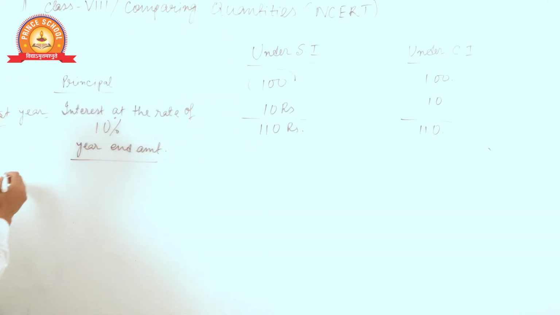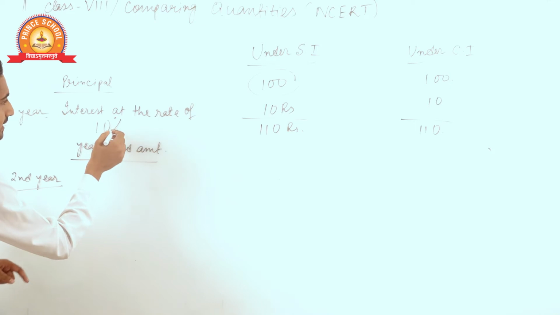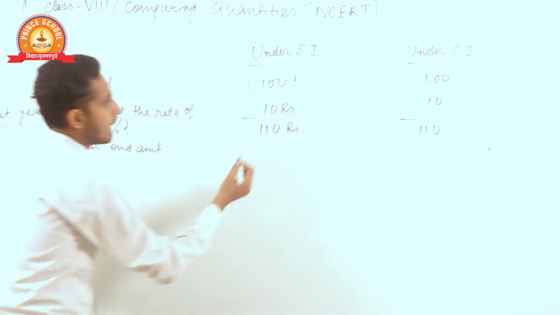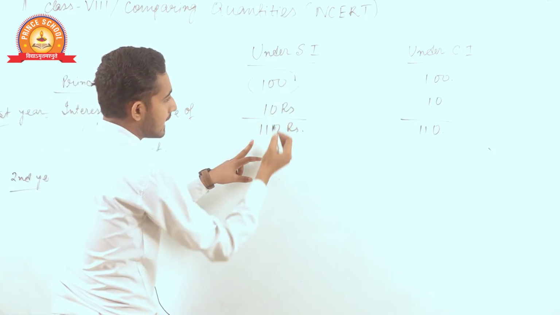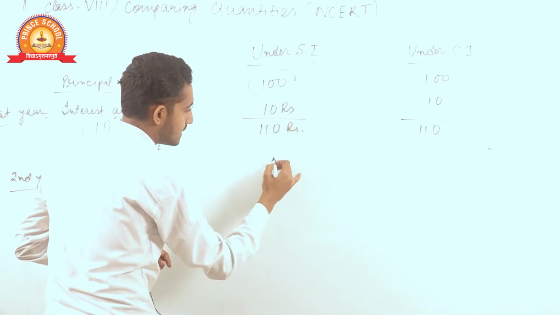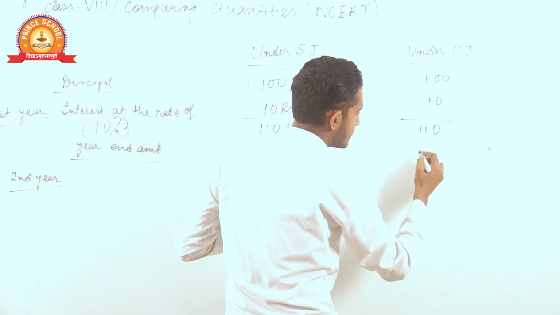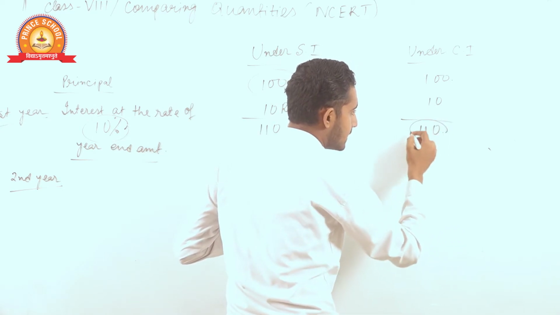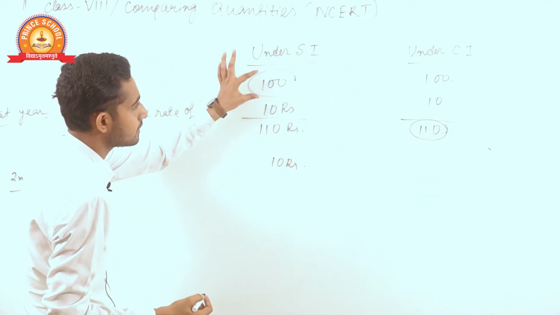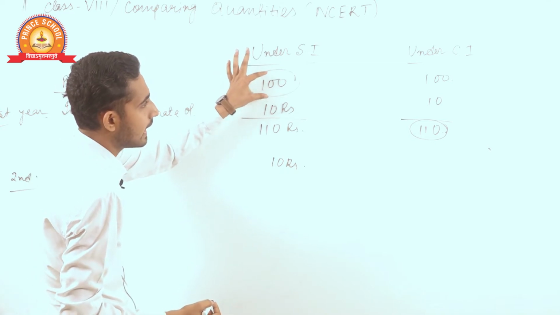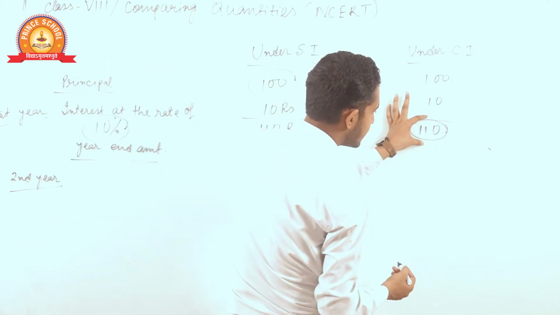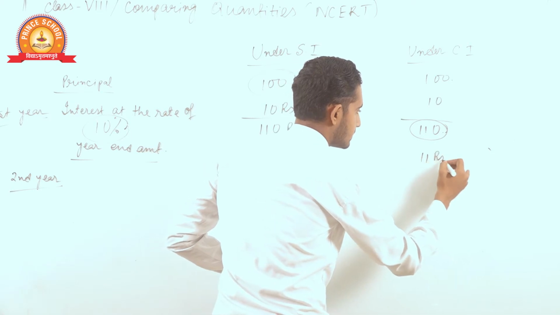So next, for the second year, same interest 10%. Okay. And we have to find the interest again, that is 10 rupees, but here if you observe, that is 10% of 110. Under SI you have to find 10% of 100 rupees, and here under CI you have to find 10% of 110, that is 11 rupees.